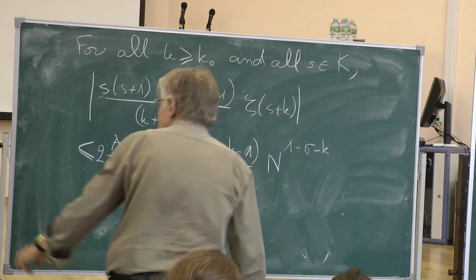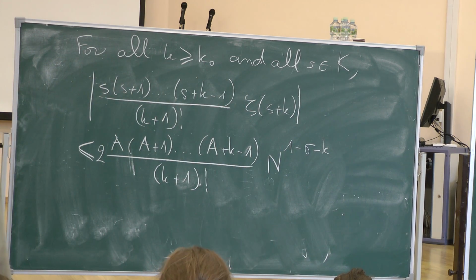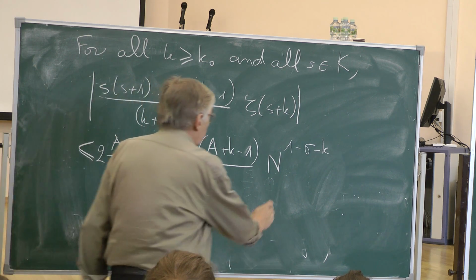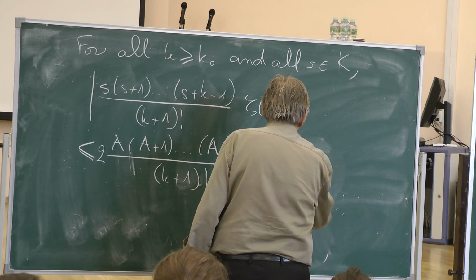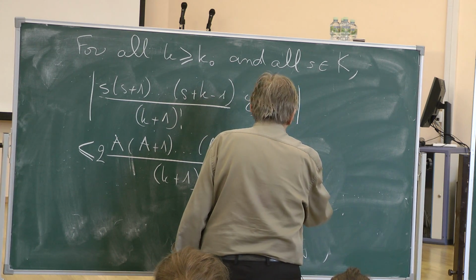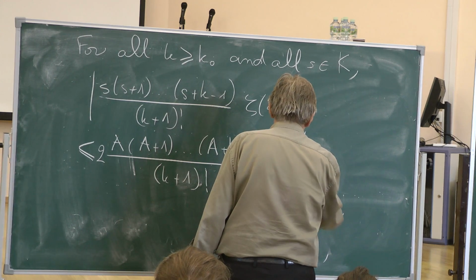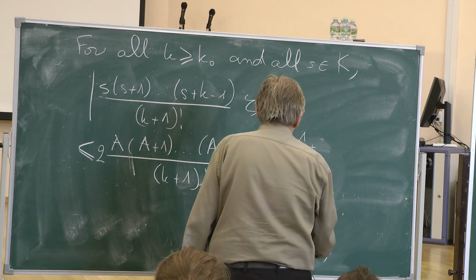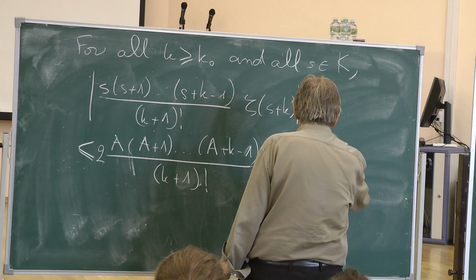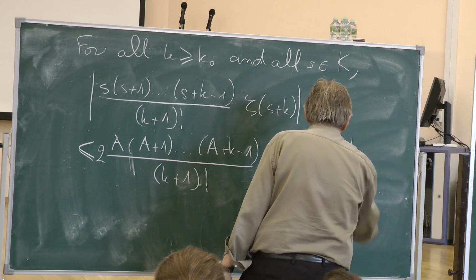And since I have assumed that sigma is larger than 3/2 minus k0, I can replace sigma by 3/2 minus k0, and I get minus 1/2 plus k0 minus k.